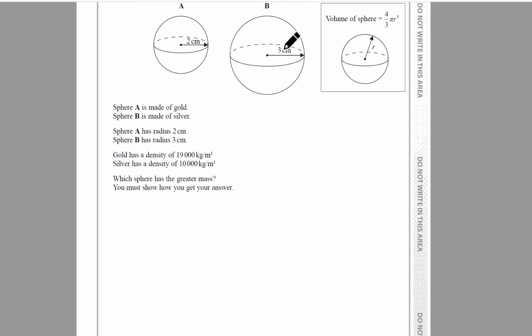Okay, so step 1 for this question is, it's talking about greater mass. We've got density, and you see we've had volume here, so we know it's a mass, volume, density question. So I just remember the formula by remembering who David Beckham married: Victoria. So we know mass equals density times volume.